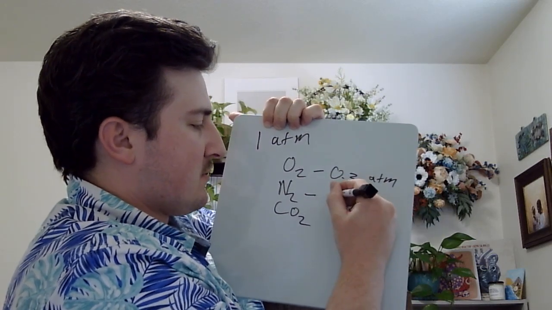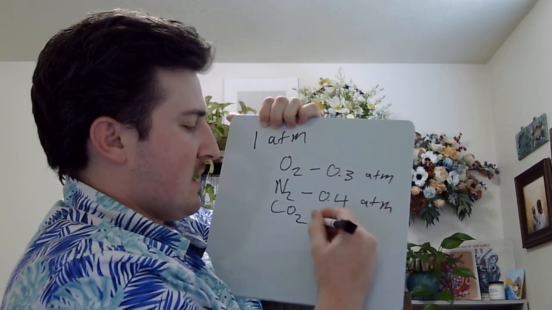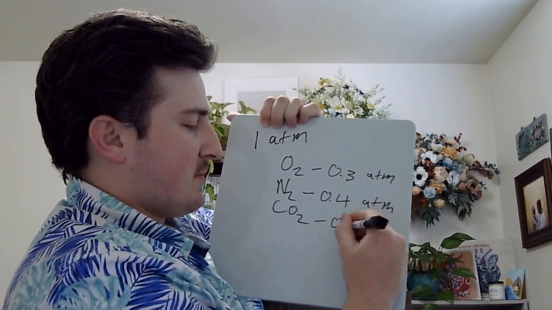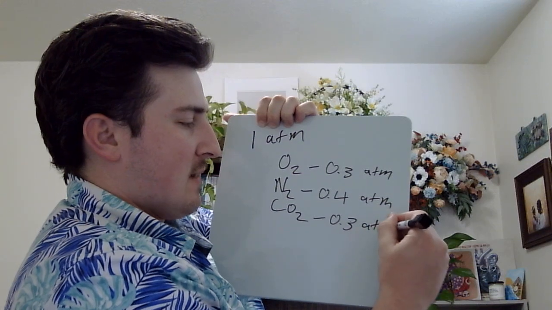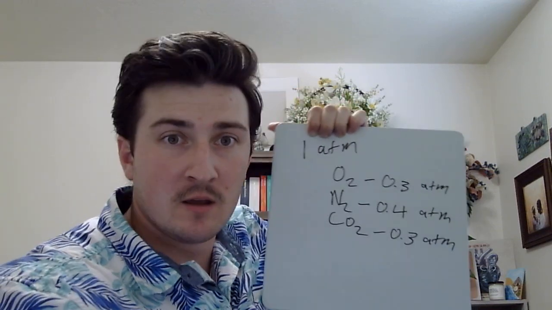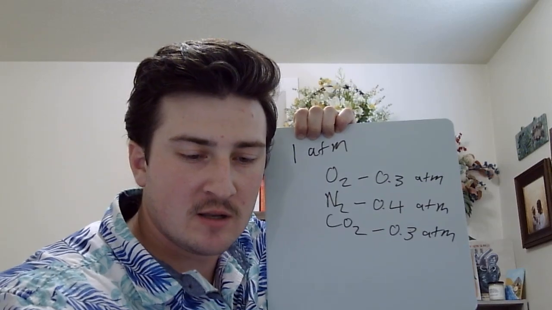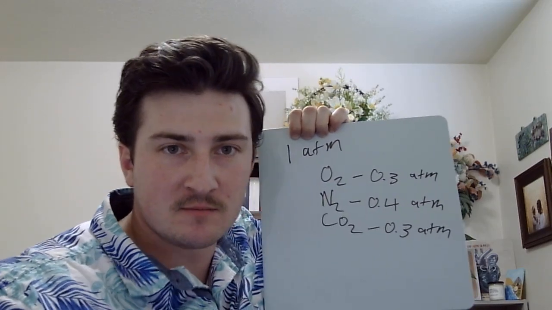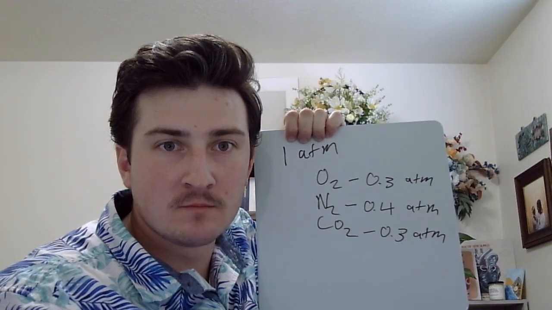Nitrogen makes up 0.4 atmospheres. And CO2 makes up the remaining 0.3 atmospheres. It'd be embarrassing if I couldn't do the math to equal 1. So yeah, each pressure that each gas exerts adds up to 1.